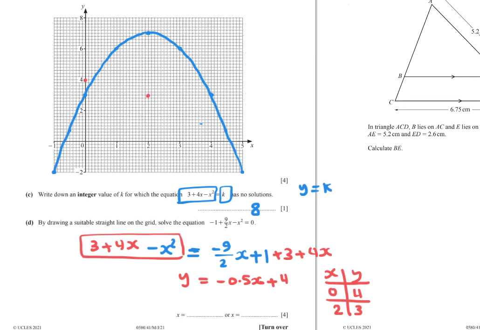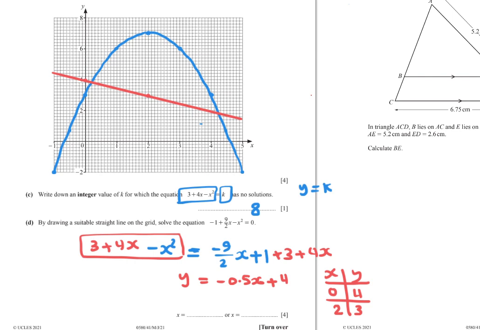Now we draw this line and find the intersection with the curve. This line intersects the curve at 2 points. We need to find the x coordinate for these 2 points.